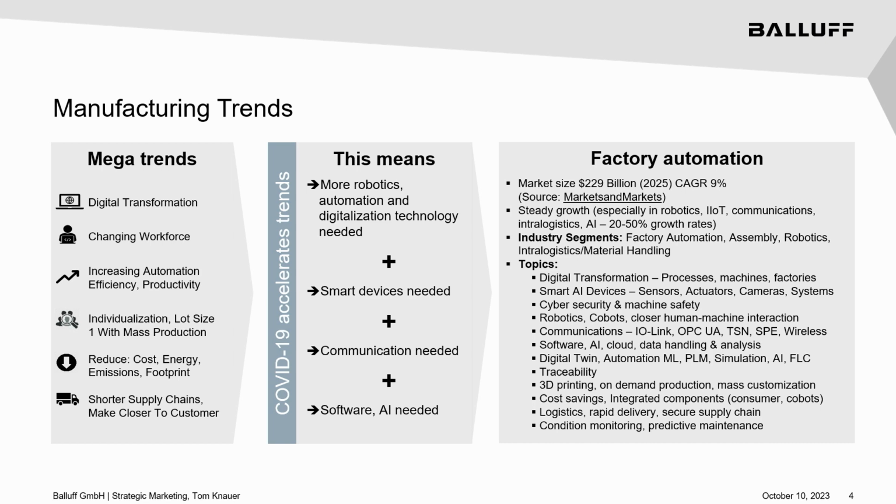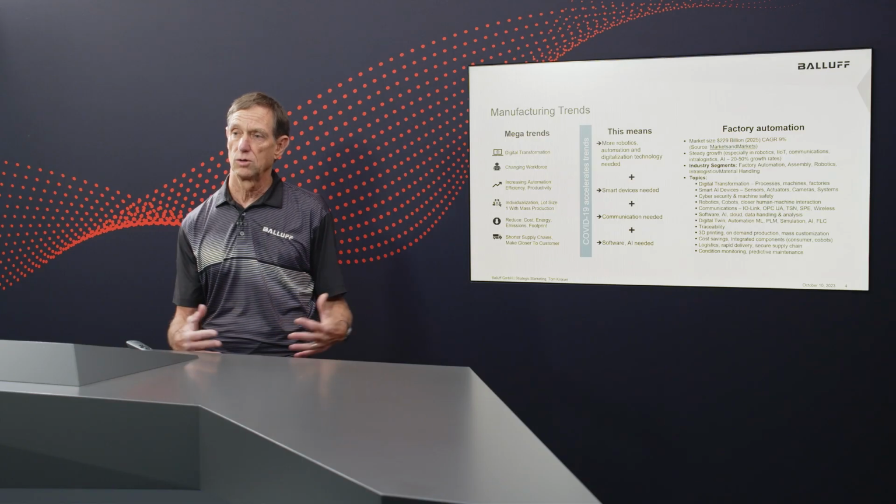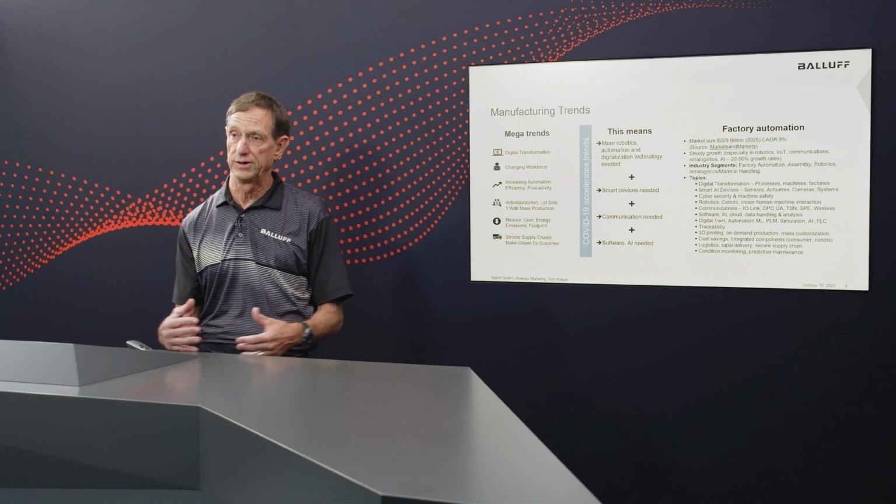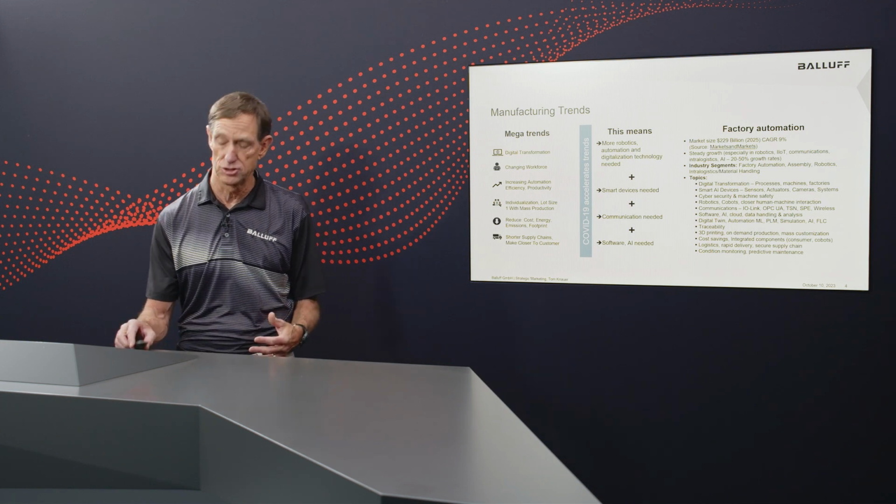All these areas are using automation more and more to address the challenges and to produce more efficiently and more quickly. The key topics being driven by these main issues are things like smart devices, cybersecurity, robotics and collaborative robots, software, digital twins, and so on. These are all the big things that are happening out there in the marketplace and in industrial automation.